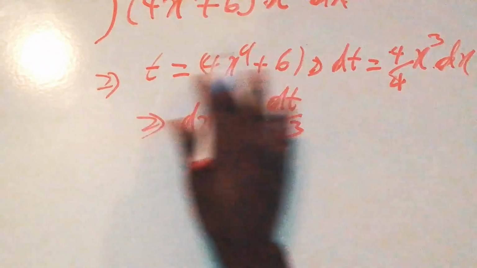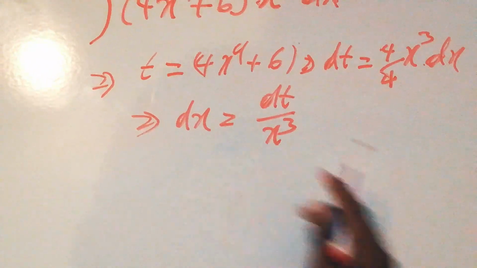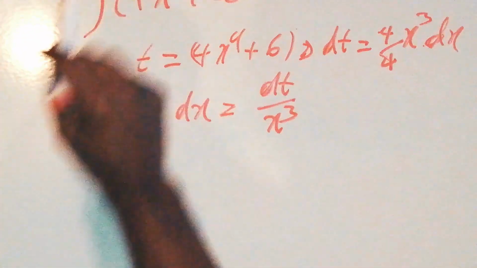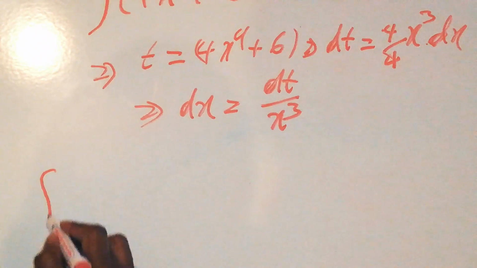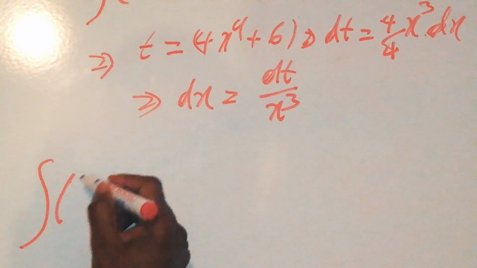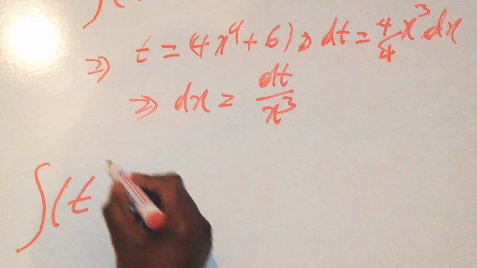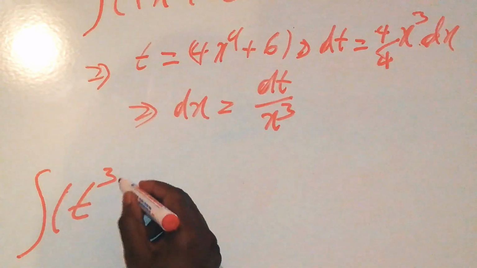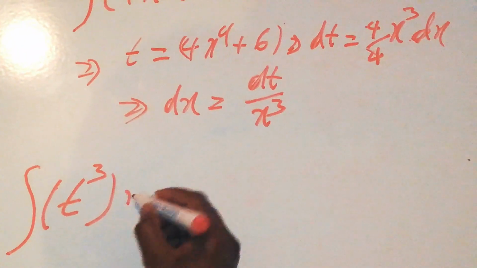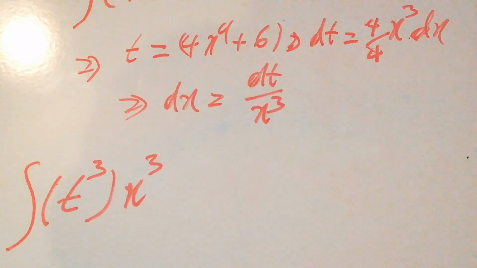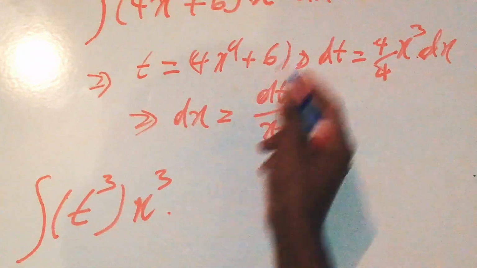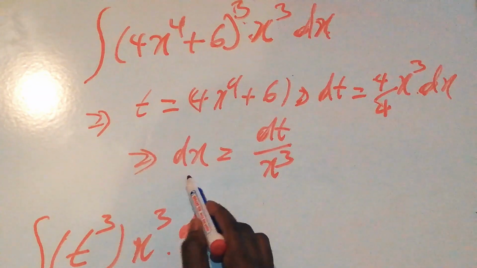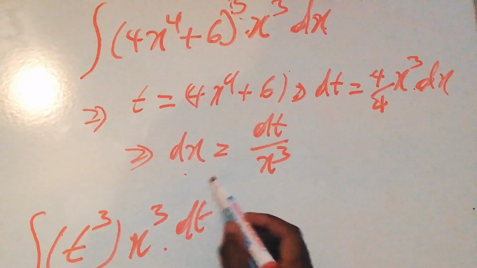Once I have this, I substitute it in the main equation. I'll have t cubed, and then x cubed dx, where dx is equal to dt over x^3.